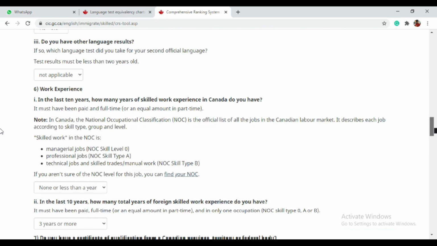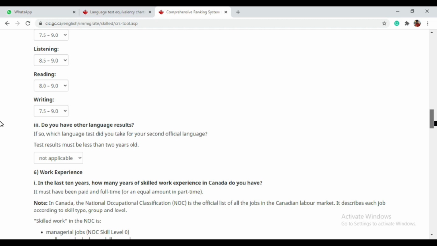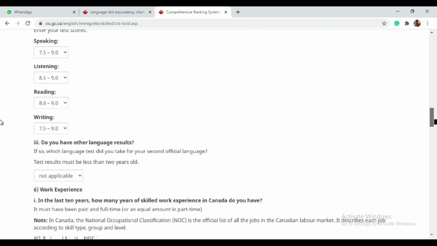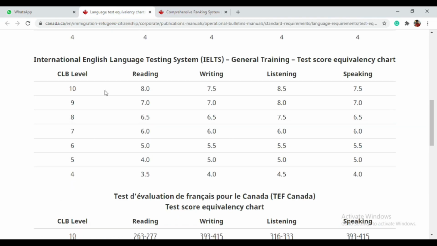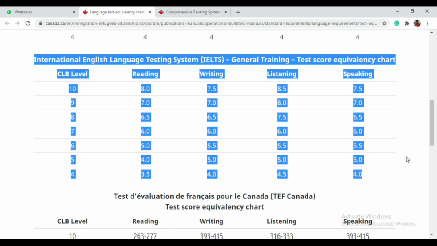I'm saying it again. There is a lot of confusion among people, and they send me messages in the inbox, and emails, and WhatsApp as well. So, what is that question? They've scored CLB level 9 in everything, but in one module, their score is less than CLB 9. Let me take you back to the original table that we've been discussing.